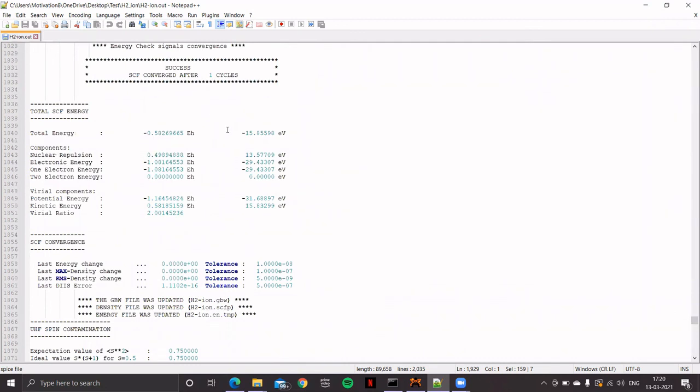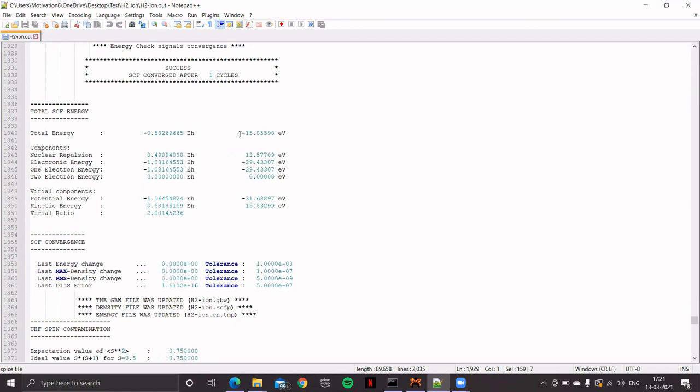The total energy we got in this case using the STO-3G basis set is minus 0.582 hartree. If you want to convert hartree to electron volt, you have to multiply by 27.2. So the total energy in electron volt in this case is minus 15.85, or approximately minus 15.86.